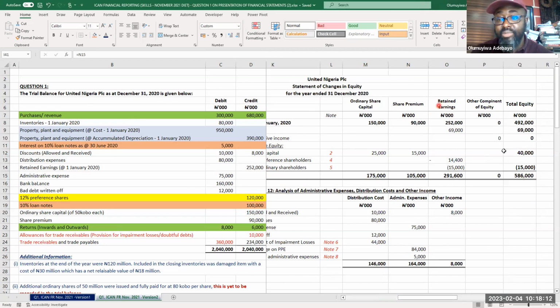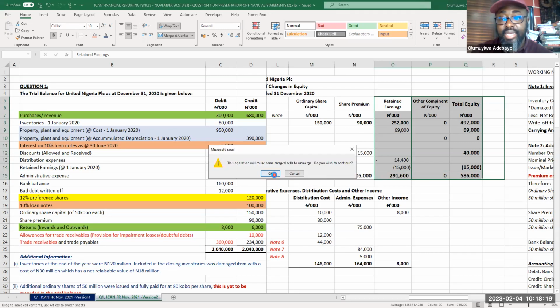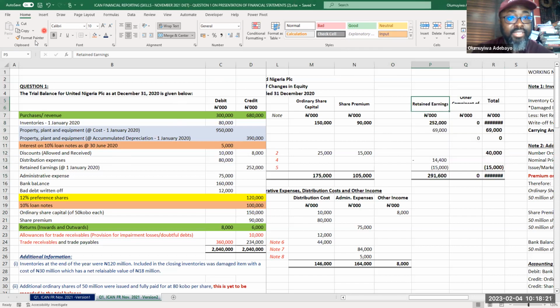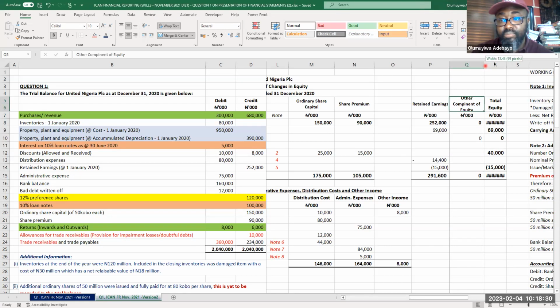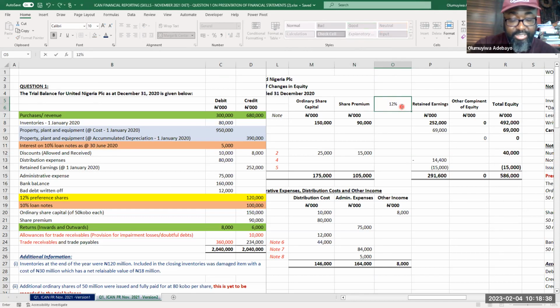Therefore, I can equally extend this and have my 12% preferential capital there.